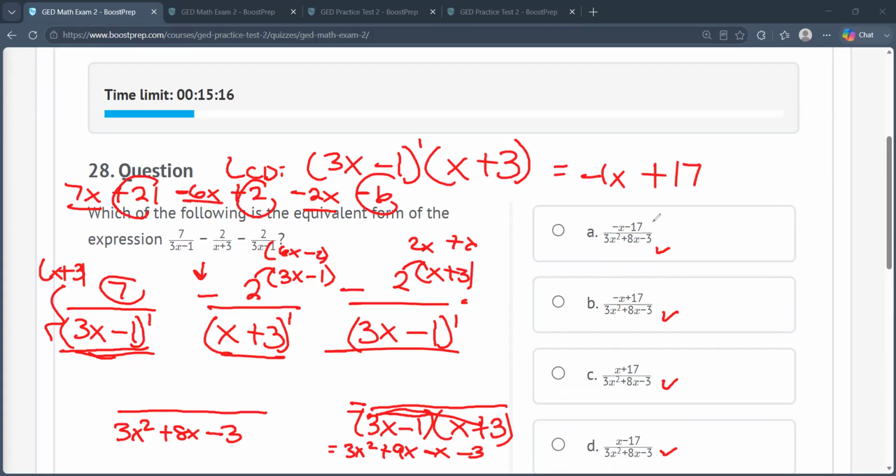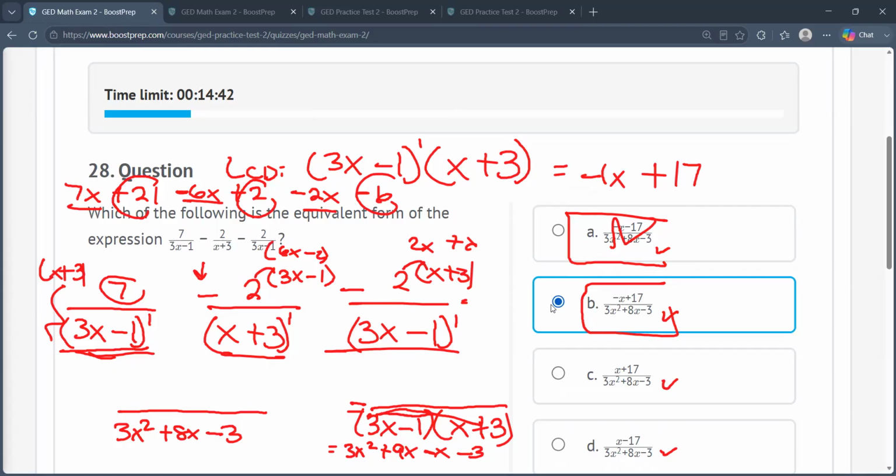Oh, I think it's A, right? On the numerator, it's negative 1x plus 17. Whoops, no, that's not it. Negative 1x plus 17. I think it's B. Negative 1x plus 17. On the bottom, you have 3x squared plus 8x minus 3. Hold on. Yes, it is definitely letter B. Okay.